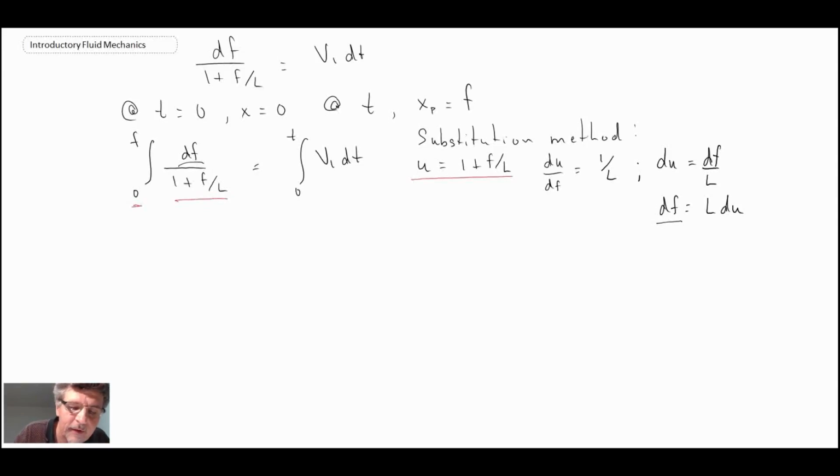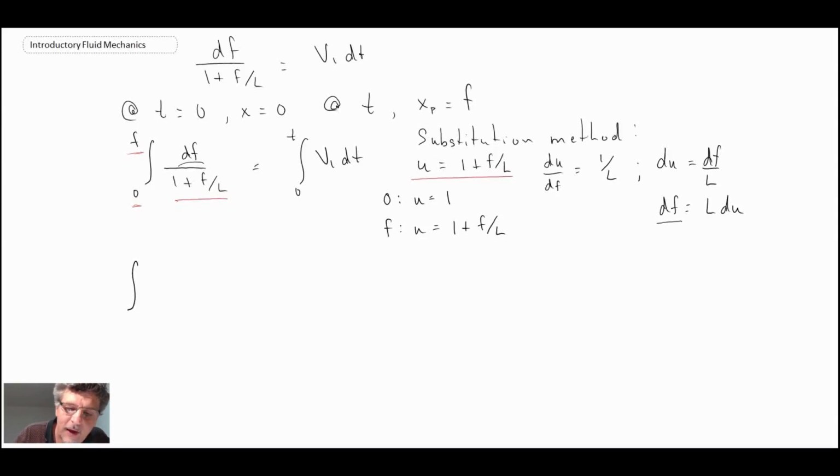And then what we're going to have to do is adjust the limits of the integration. So let's do that before we make the substitution. The limits of integration for 0, u will equal 1. And at f, u will equal 1 plus f over L. So those will be the limits of our integral when we make the substitution.